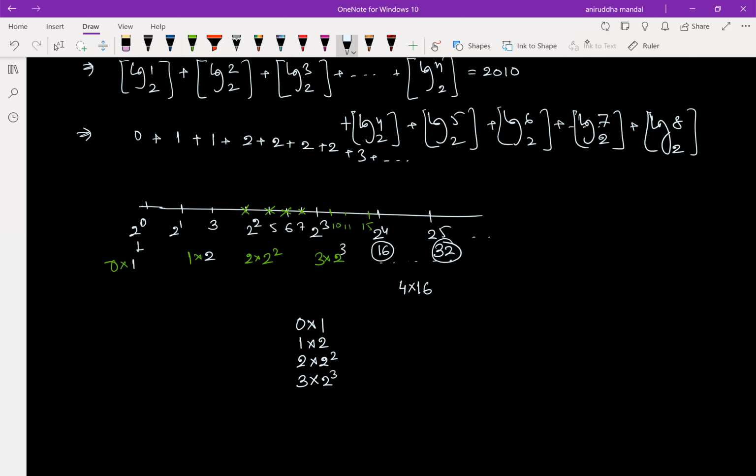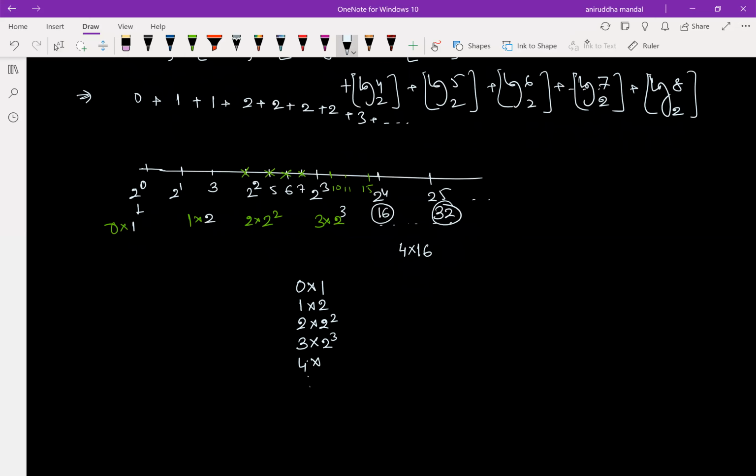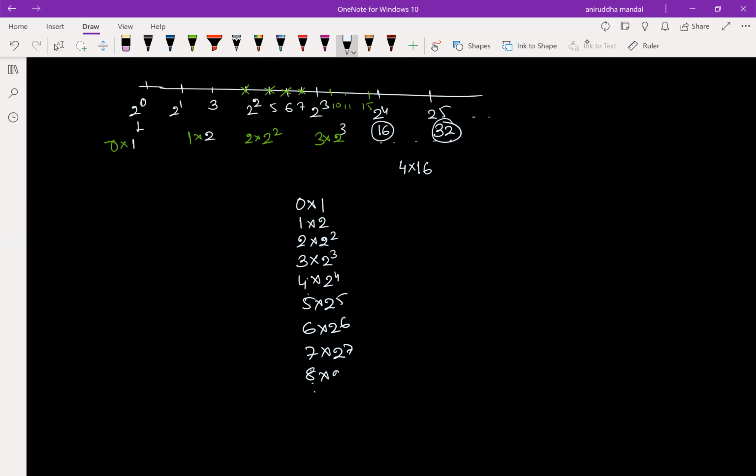Okay, and so on. This is 4 into 2 to the power 4, then 5 into 2 to the power 5, 6 into 2 to the power 6, 7 into 2 to the power 7, and it will continue like this.